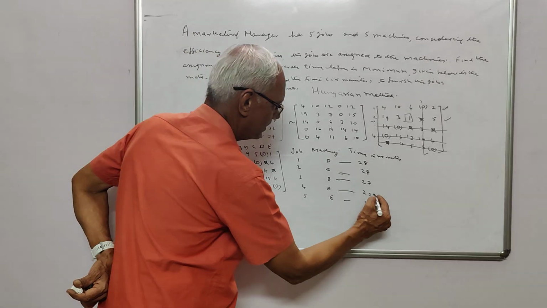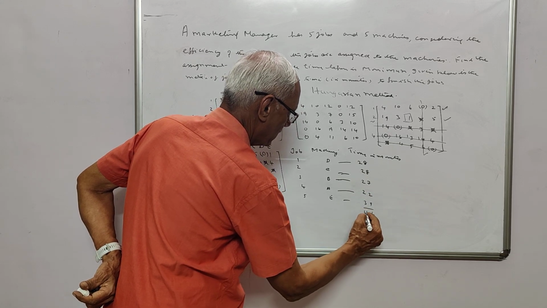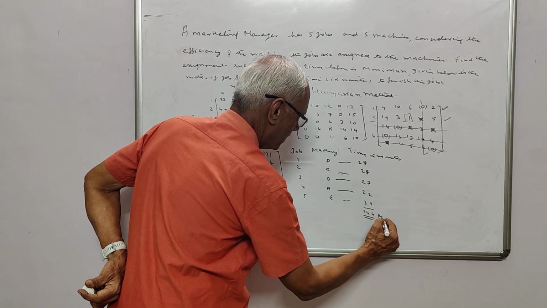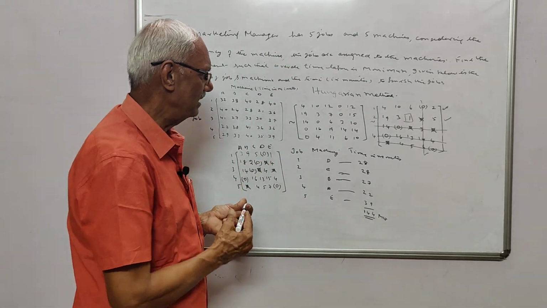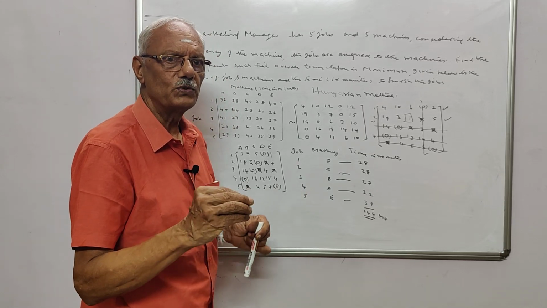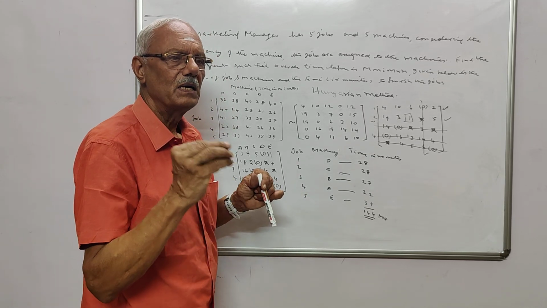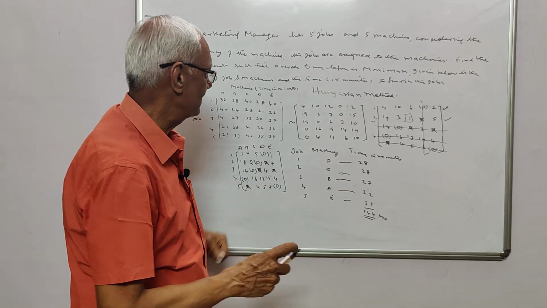So you see that if you assign the jobs in this way, the overall time taken will be the minimum possible, 144 minutes. So what is that assignment?